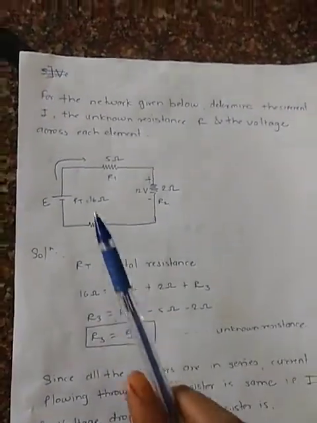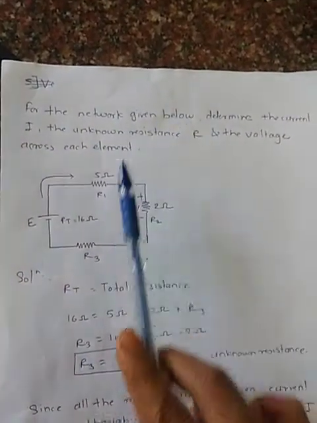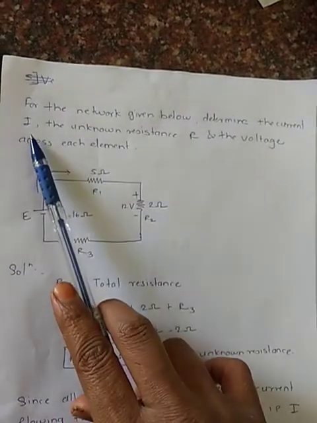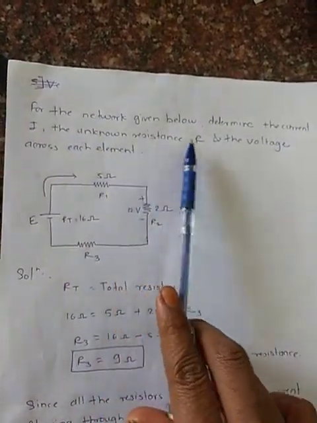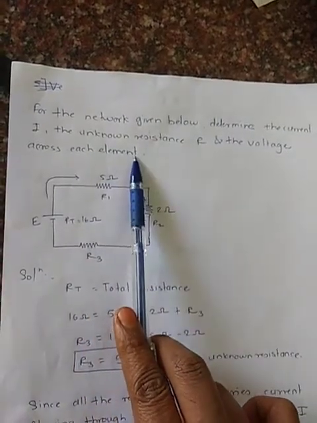See here, for the network given below, determine the current I, the unknown resistor R, and the voltage across each element.